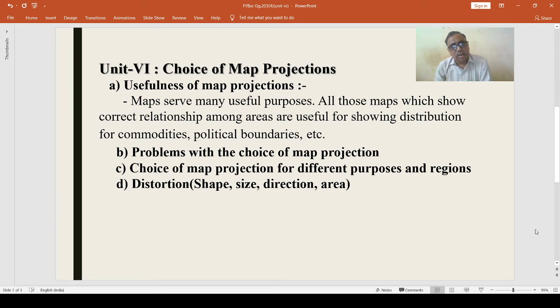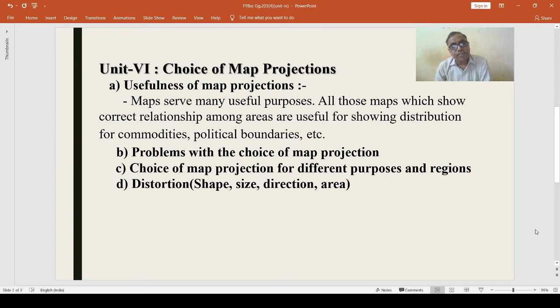Then, for showing the tundra region, zenithal polar equal area projection is used. Mineral distribution, animal distribution in the polar regions are represented by zenithal polar equal area projection. Antarctica, zenithal equidistant projection, etc.